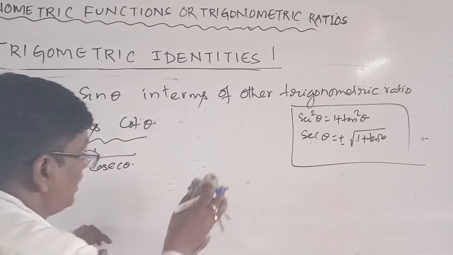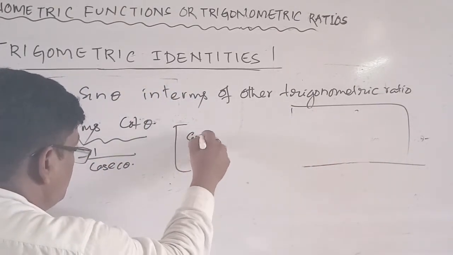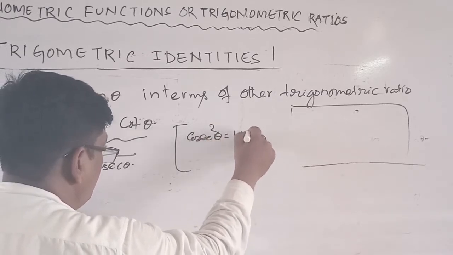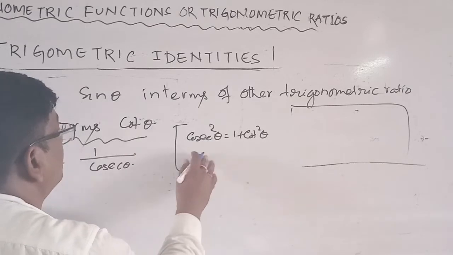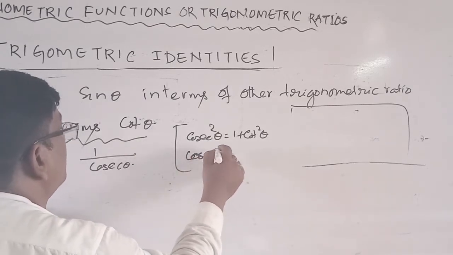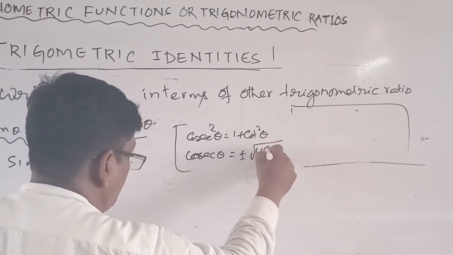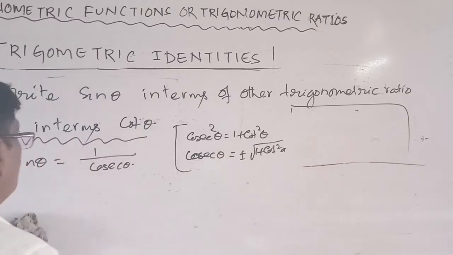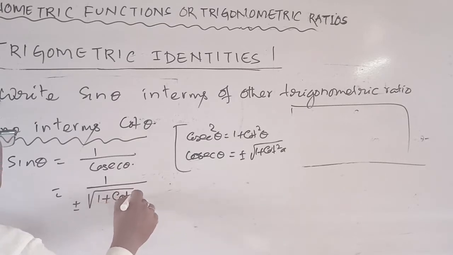We know cosec square theta is equal to 1 plus cot square theta, and cosec theta is equal to plus or minus square root of 1 plus cot square theta. So this is equal to 1 by root over plus or minus 1 plus cot square theta.